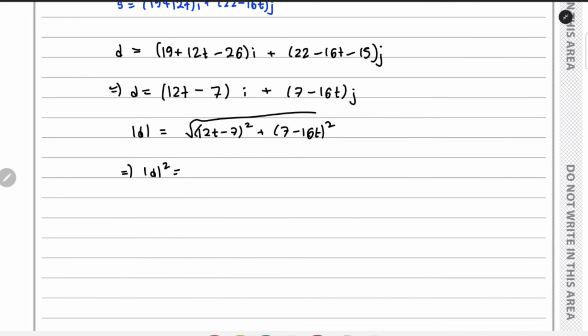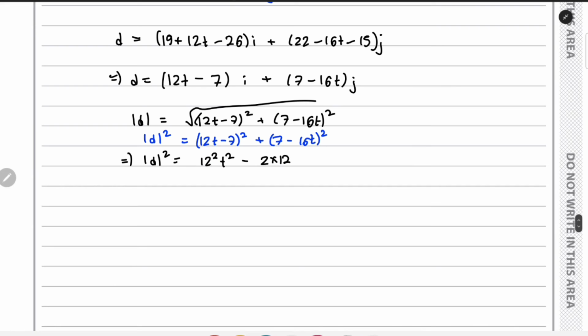So the distance squared will be 12 square t square, so 144t square, minus 2 into 12t into 7, plus 7 square. This is the expansion of the first bracket, and the expansion of the second bracket will be 7 square minus 2 into 7 into 16t plus 16 square t square.